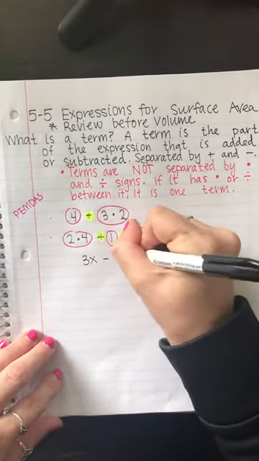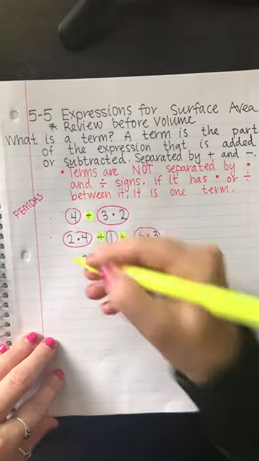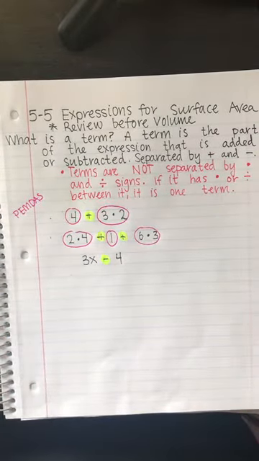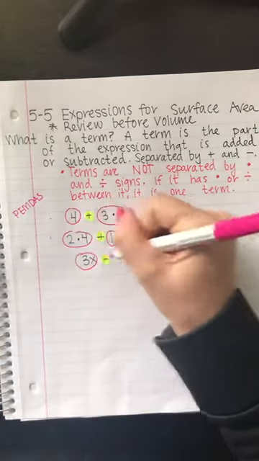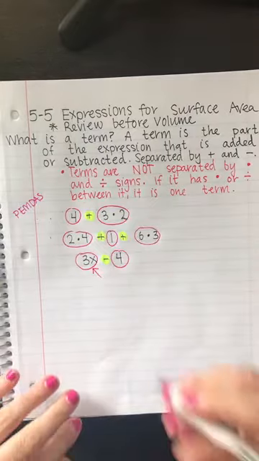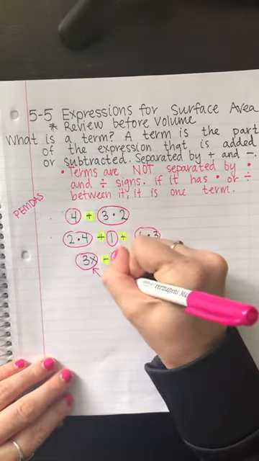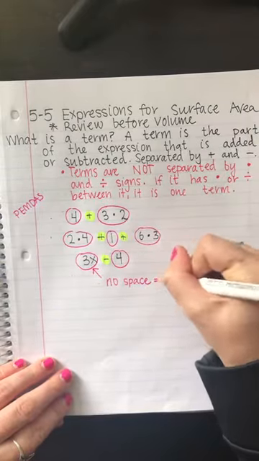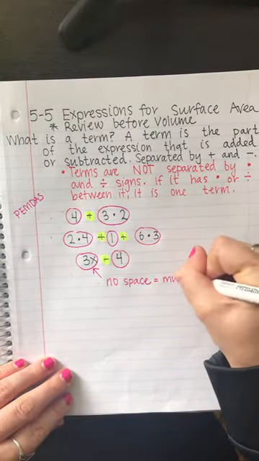Here's one last example for you. 3x minus 4. Again, I have a minus sign here, and I have 2 terms. And this is a good example to remind you that no space equals multiply.